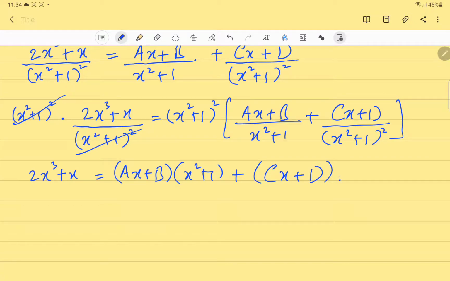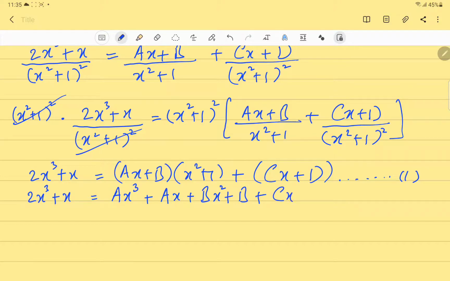Here we cannot assume any value of x and then replace it in the equation to find out the value of any of the constants. So we straight away go ahead and solve this equation and compare the coefficients of different degrees of x on both sides, and then form the equations and solve those equations to get the values of a, b, c and d. Ax cubed plus ax plus bx squared plus b plus cx plus d.